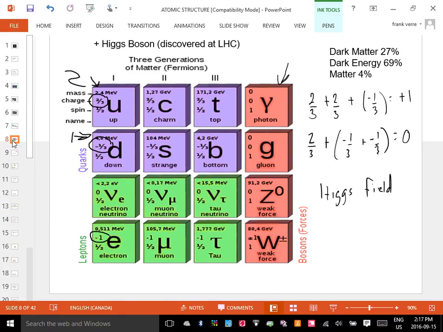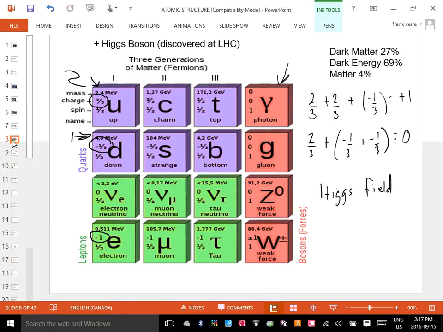And they know it's there because, imagine I put something on a scale that I know weighs 1 kilogram, and I can see it's a 1 kilogram mass with my eyes, but the scale says it's 10 kilograms. And the scale works, because I know cats can say the scale doesn't work. So the scale works, so I know that there's something that I can't see that is affecting this scale. So dark matter is matter that we can't see, and it's about 27% of the universe.